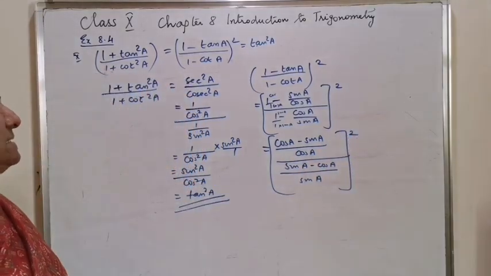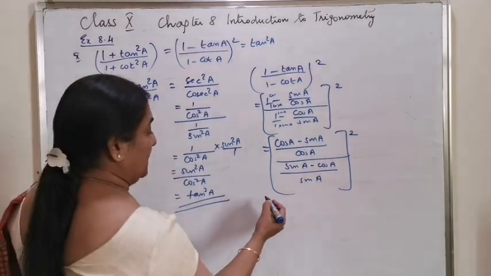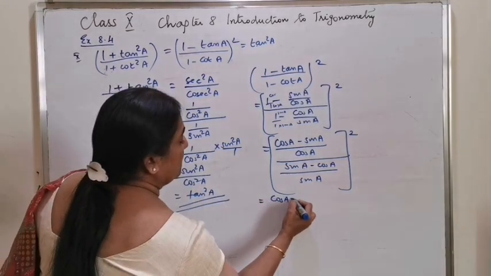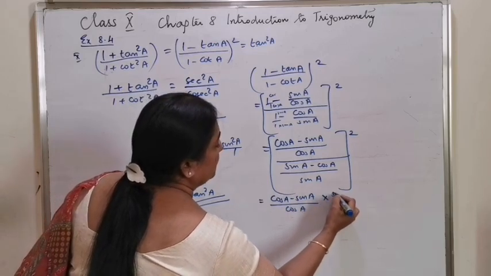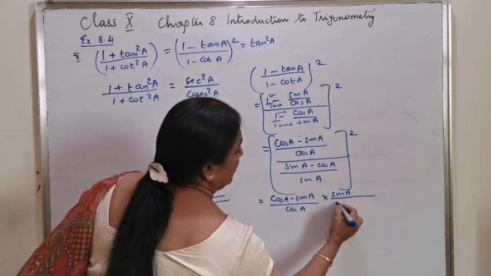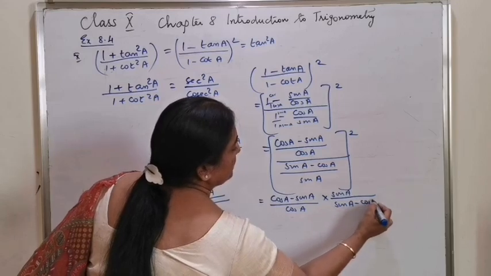The next step is multiply by the reciprocal, which is the same as cos A minus sin A by cos A into sin A divided by sin A minus cos A.